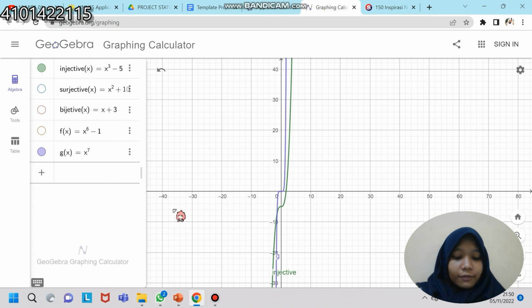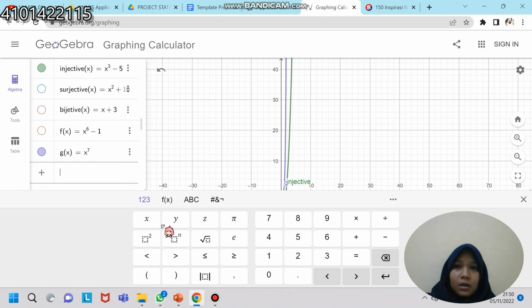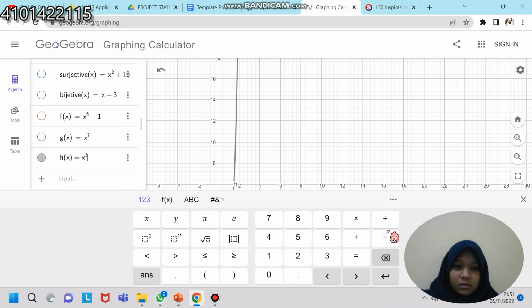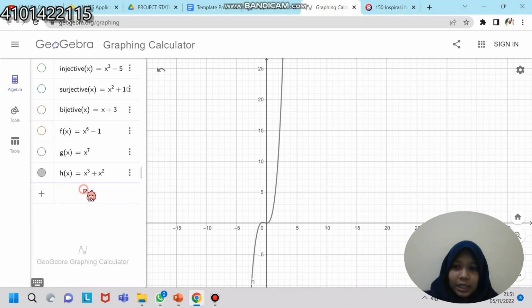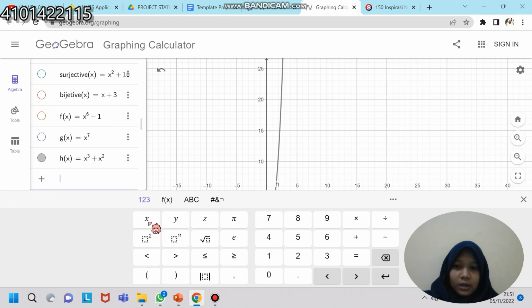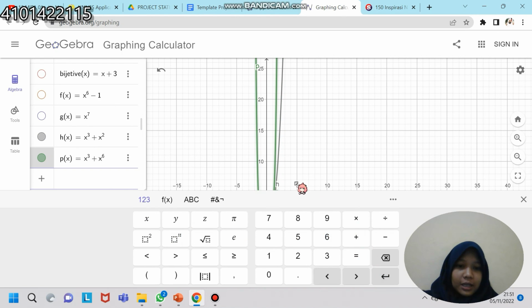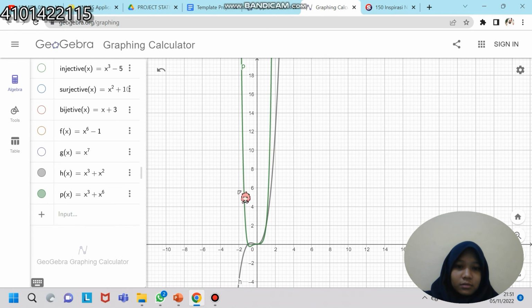And then if we combine both of them, like if there is x power of 3 plus x power of 6, we got this one.